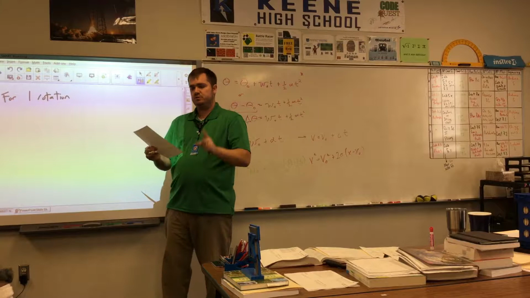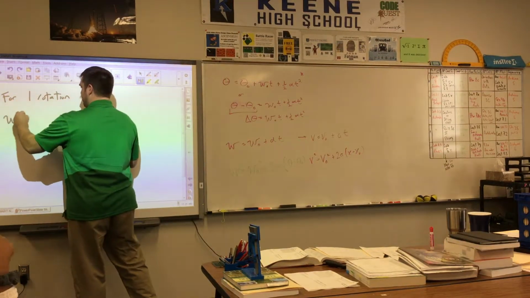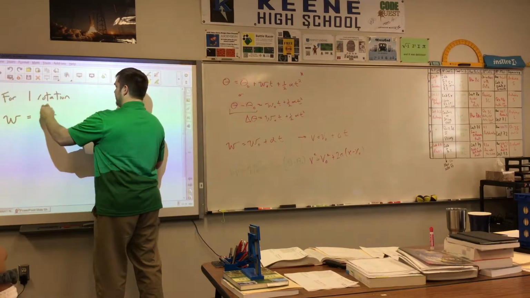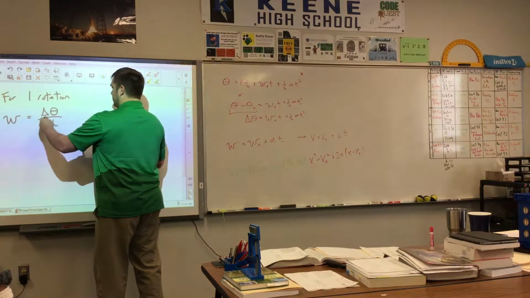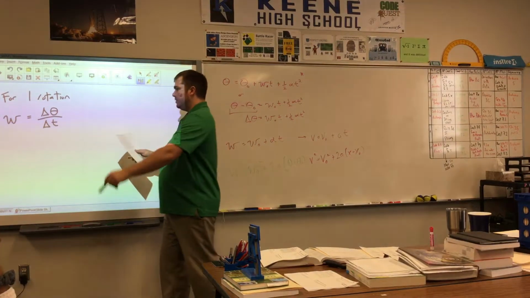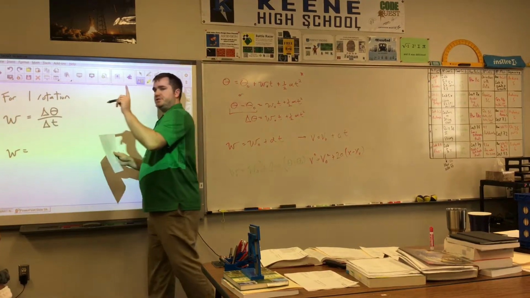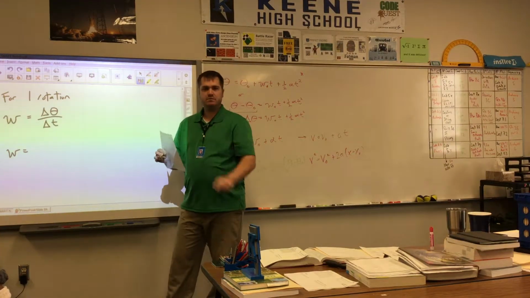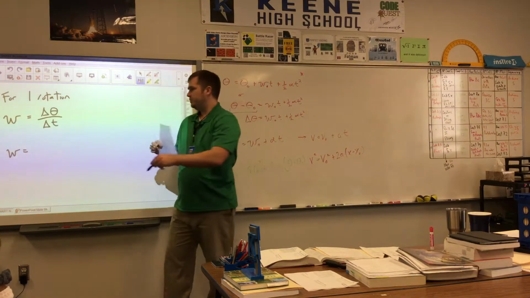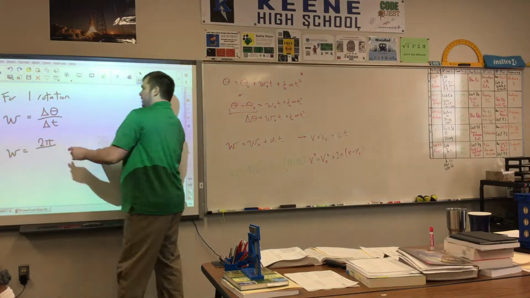What if something's going around just one time? Omega is delta theta over delta t. That's the definition. What is one rotation in radians? 2 pi.